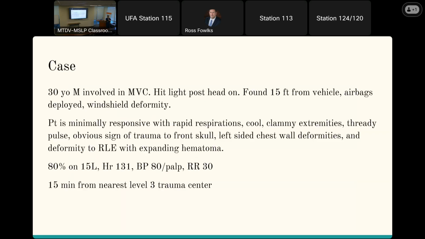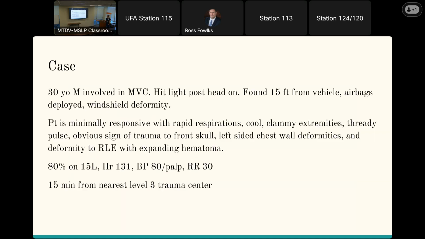On the left side there's some crepitus, lots of blood, and maybe a few broken ribs. The right lower extremity looks a lot bigger than the left, particularly the thigh, and it's externally rotated and bent a little bit. Those are his vitals.